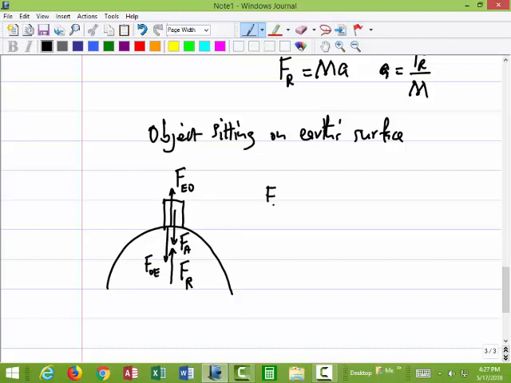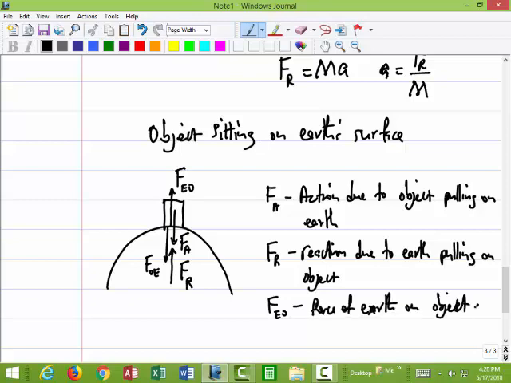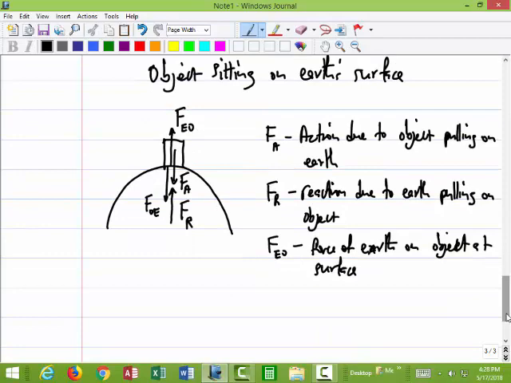So the force A is the action force due to object pulling on earth. F_R is the reaction force due to earth pulling on object. And then F_EO is the force of the earth on object at surface. We can think of this as an action force if you want.